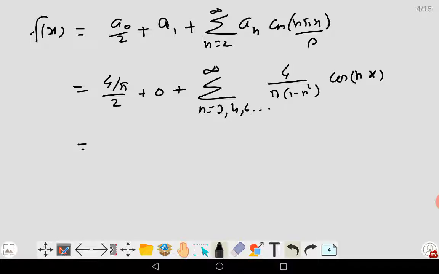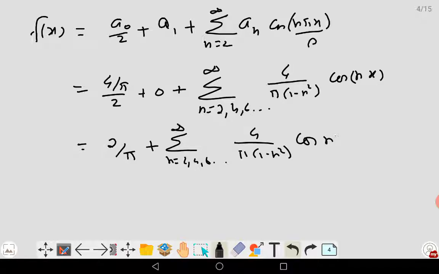That's the end. You can simplify further. It is 2 over pi plus summation n from 2, 4, 6 to infinity 4 over pi into 1 minus n square into cosine nx. That's the end of this problem.